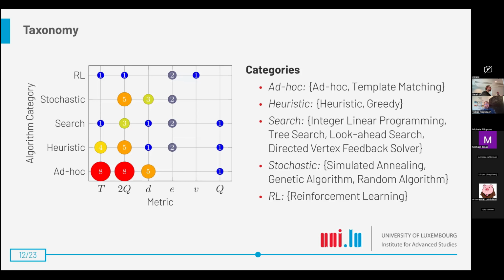If you now look at the graph, you will realize, oh, if you add every dot together, it's not coming up to 26. It's actually much more. Why? The reason is that some optimization strategies are actually a combination of multiple strategies. So instead of trying to restrict a work to one optimization strategy, I decided to put each algorithm or optimization strategy that they used in there separately.